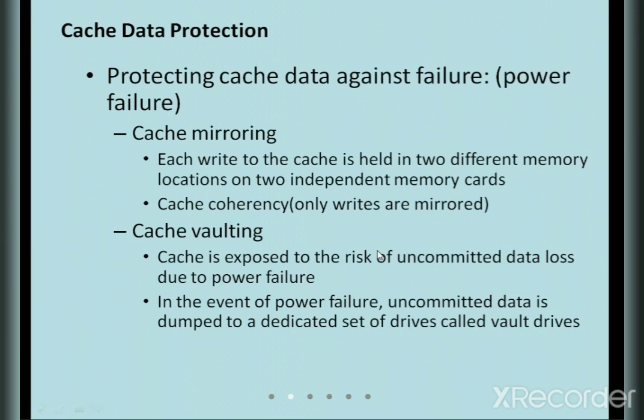For example, you might by mistake close the web pages, or your system shuts down, and when you restart, it asks, can I restore the sessions? That means cache vaulting is being done, and it restores all the pages or operations from where you had stopped.